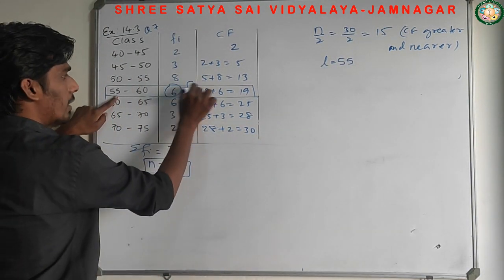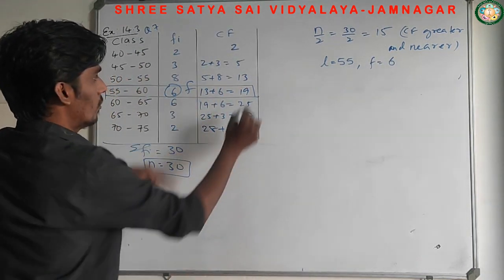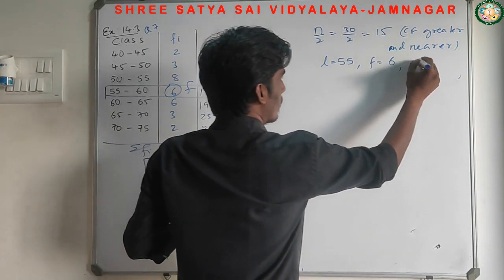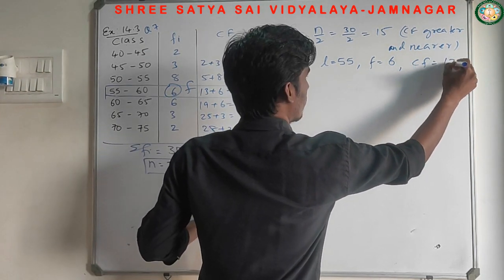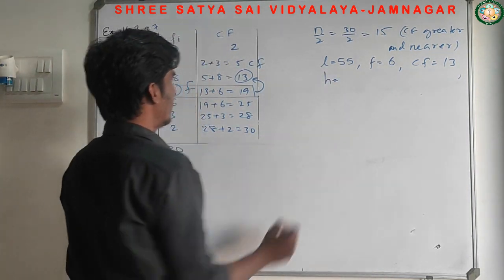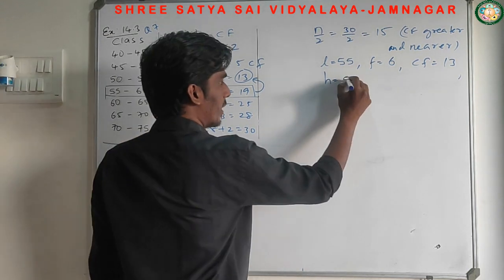Now F is 6. Now the previous CF is 13. Class height: 40, 45, 45, 50, so class height is definitely 5.